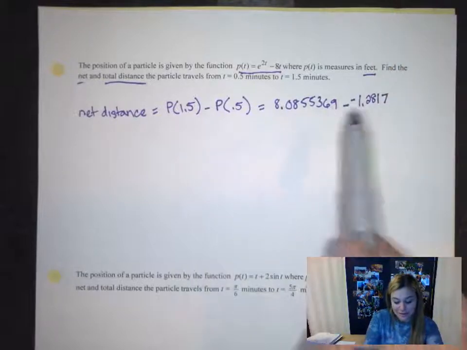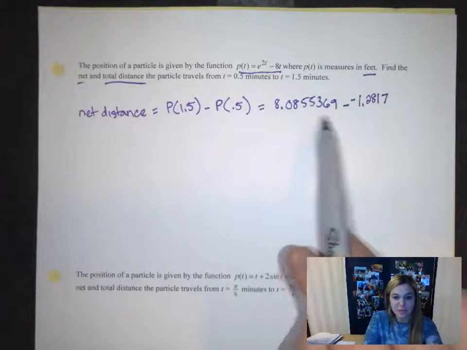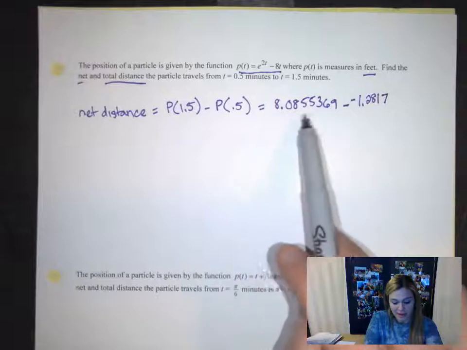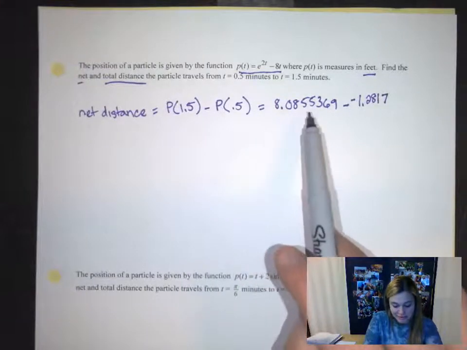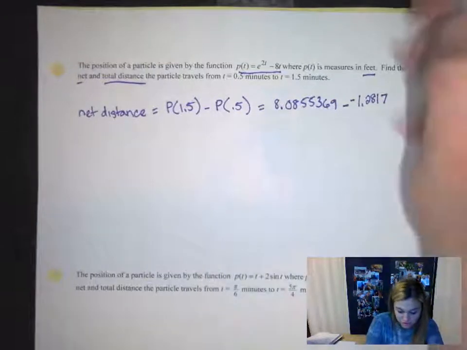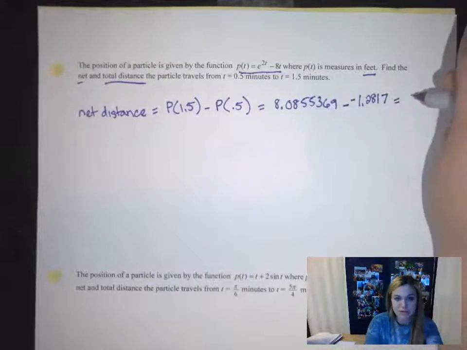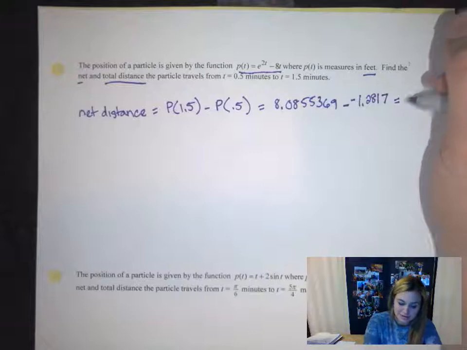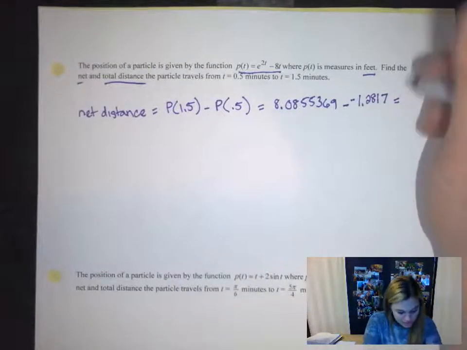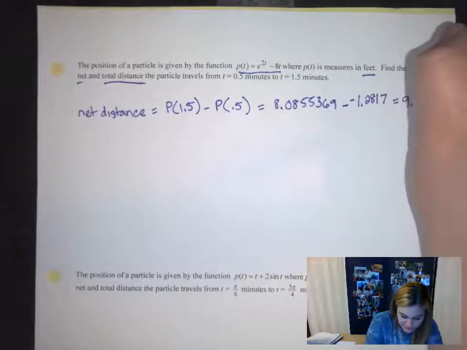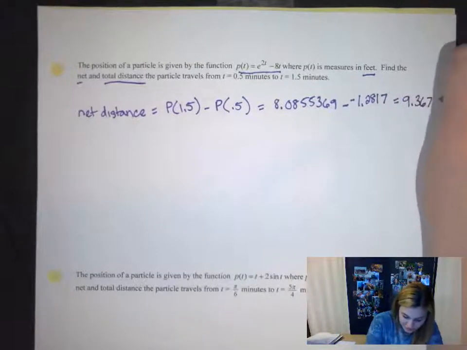And that's okay, because my position to start out with would be like my position at 1.5, or I guess ending is going to be positive. That's fine. Negative over here, we're good. Minus negative, we're still saying I'm adding up those distances. Think about it on a number line, for instance, and I get 9.367 feet.